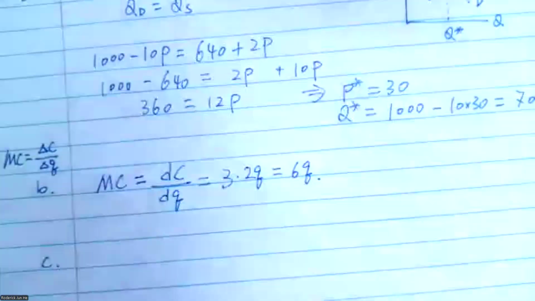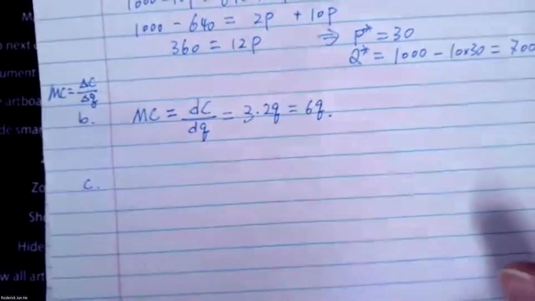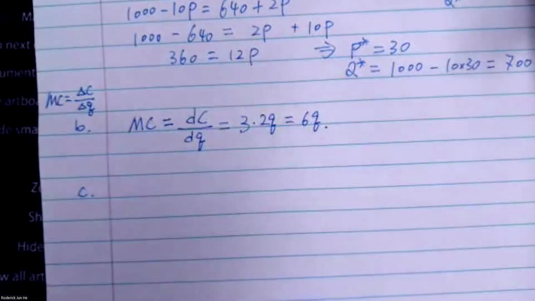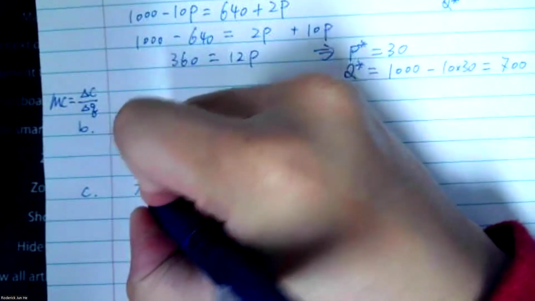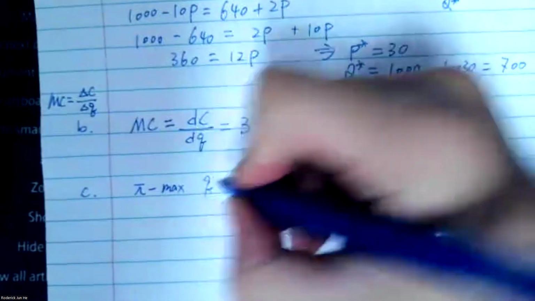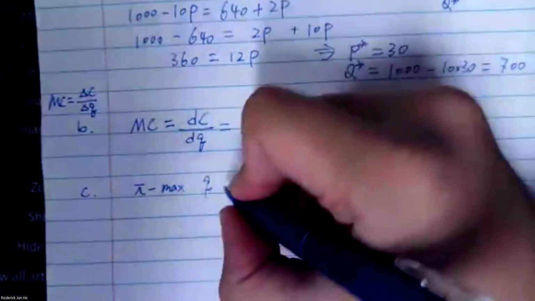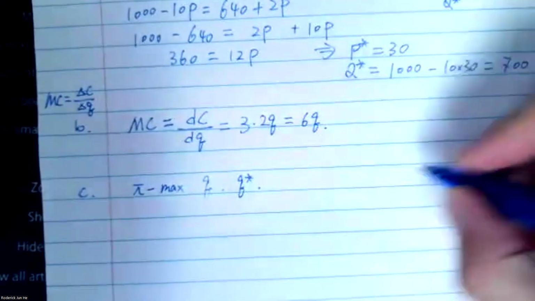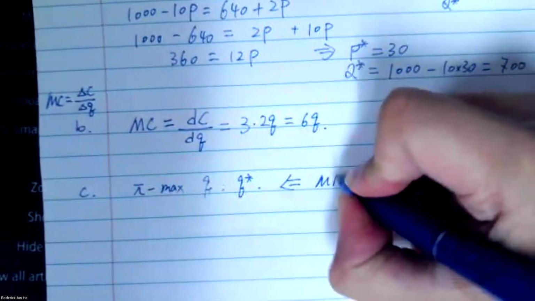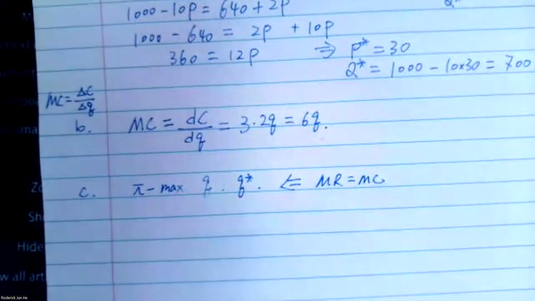And then question C, calculate the optimal output for each firm. Which is to say, calculate the profit maximizing output for each firm, which is q star. That is found by marginal revenue equals marginal cost.